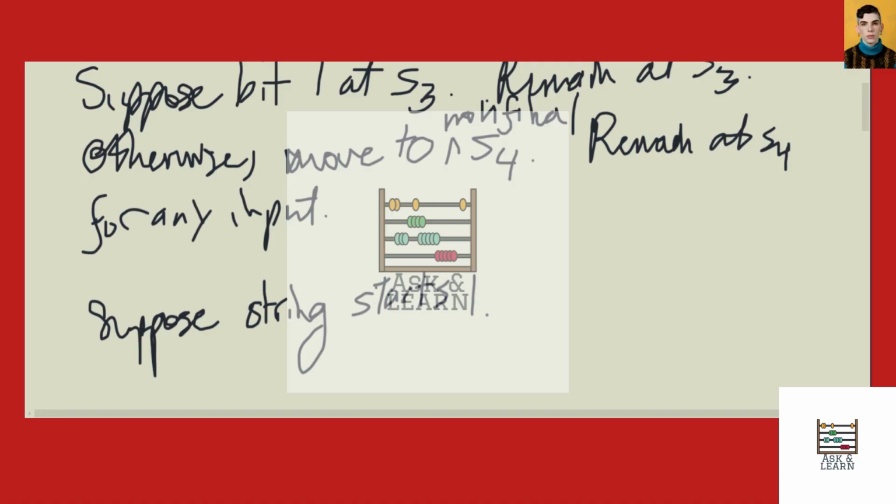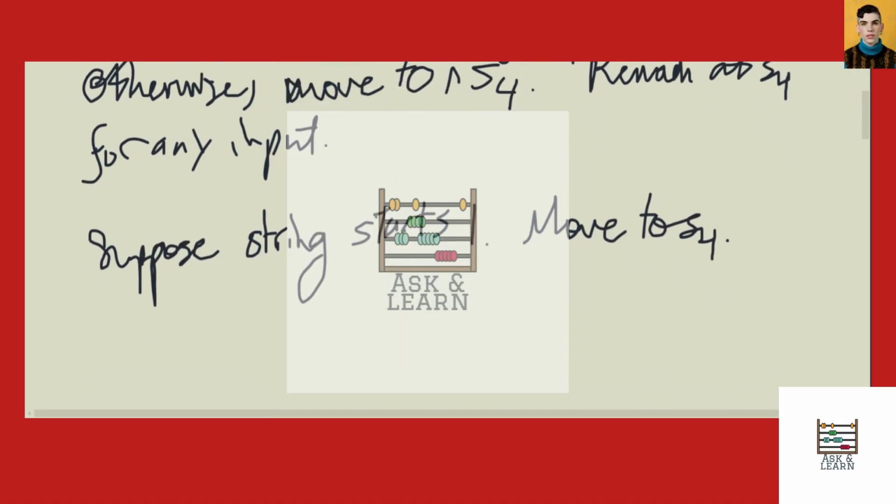In fact, the string can never be recognized no matter what follows it. So we'll move to the non-final state S4. And then we will remain at S4 for any input after this.